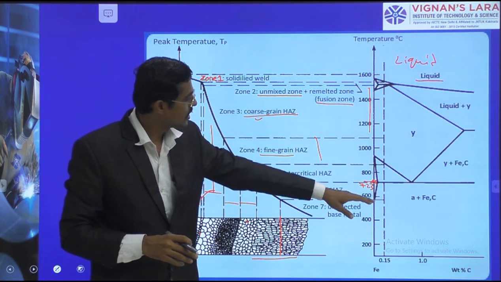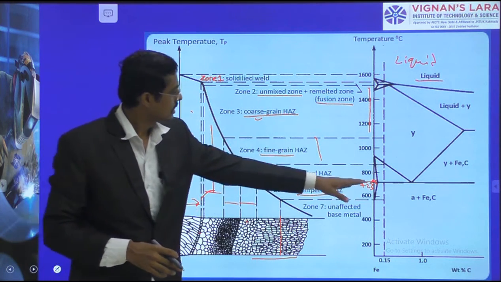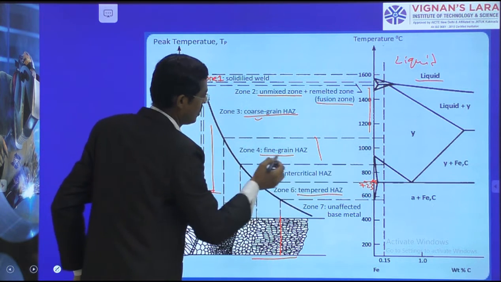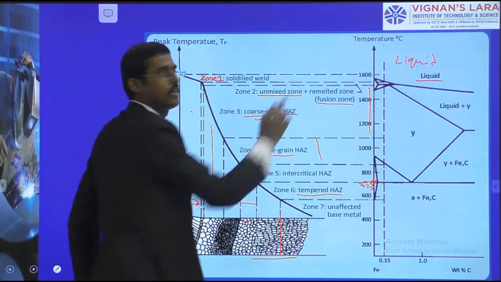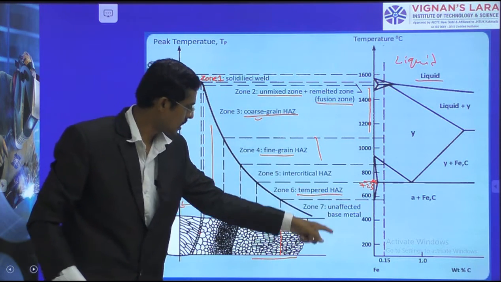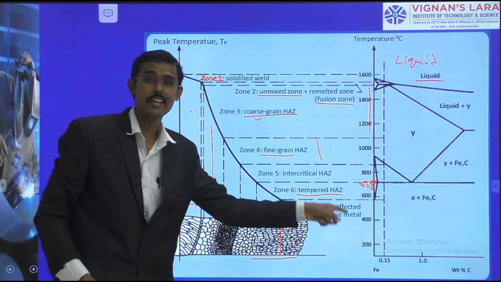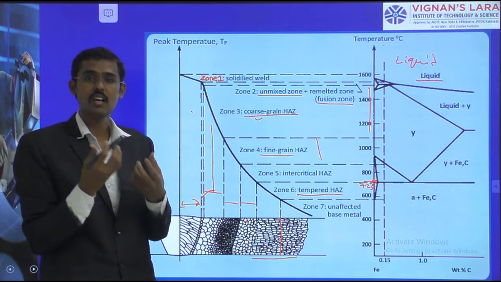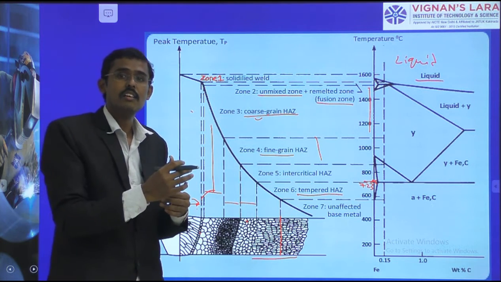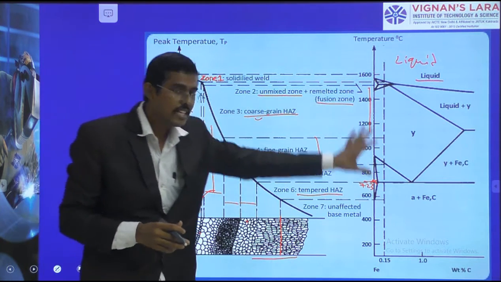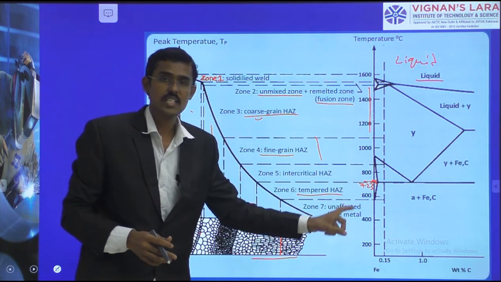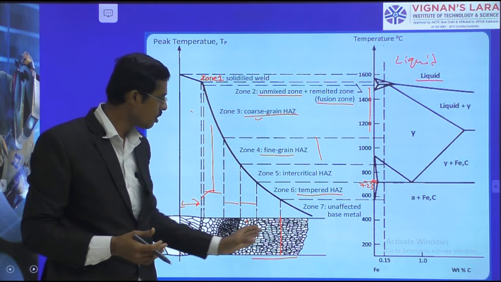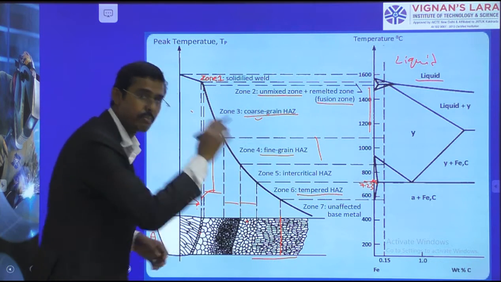When we are above this critical temperature, the microstructures change. Here we have intercritical, finer grains, coarser grains and the weld. But below this, such huge changes do not take place because there is not sufficient heat to cause the phase changes. By the iron carbon diagram, phase changes occur above the critical temperature of 723. Therefore, these zones have not received that temperature.